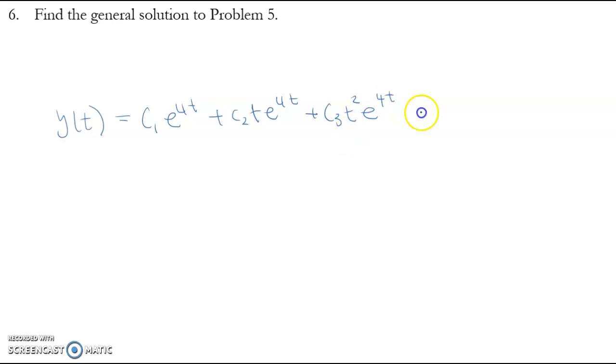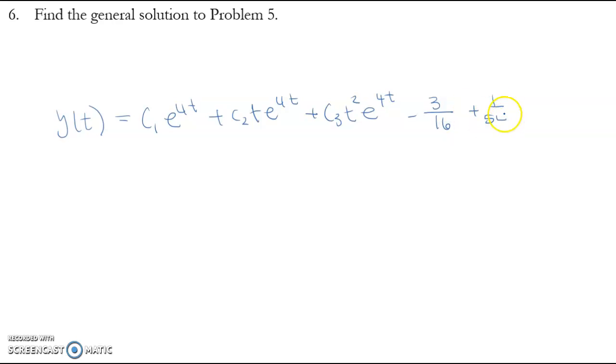I'll tell you the answer. If you do that, you should get the following answer. So the answer to number 6 is, we're just copying the complementary solution. And the A is negative 3 over 16.